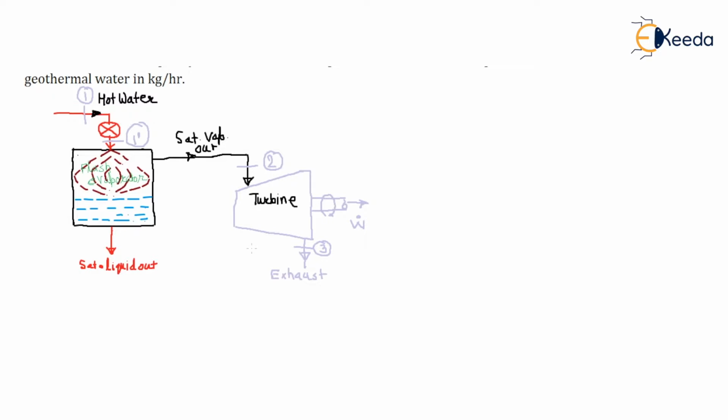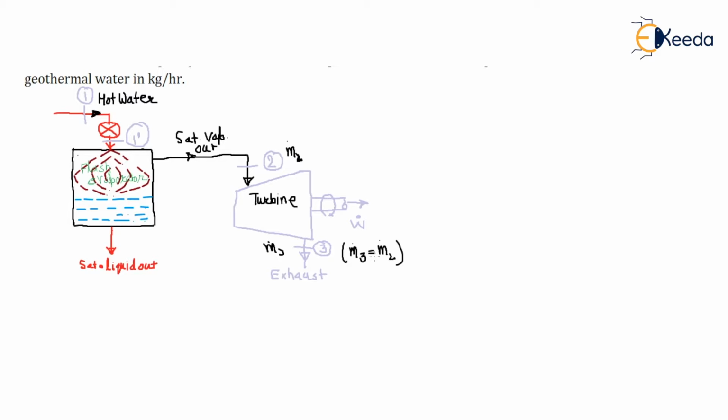So first of all, what is the observation? In the turbine there is one inlet and one exit. If m2 is the mass flow rate at the turbine inlet and m3 is the mass flow rate at the turbine exit, what is the mass balance? m3 dot is equal to m2 dot.